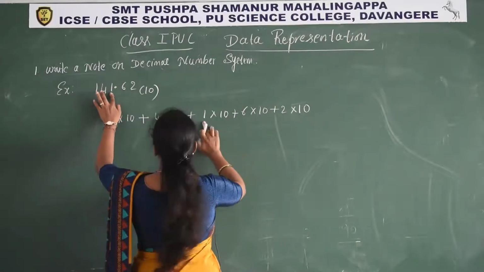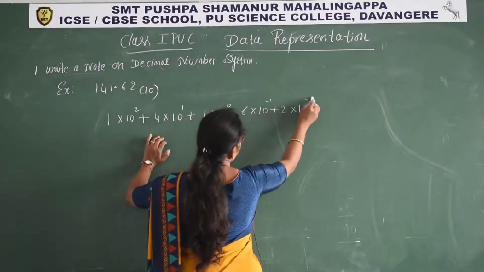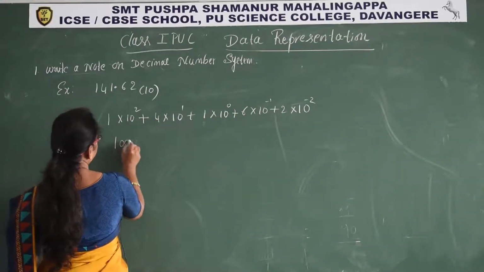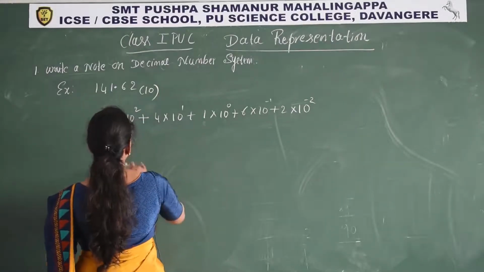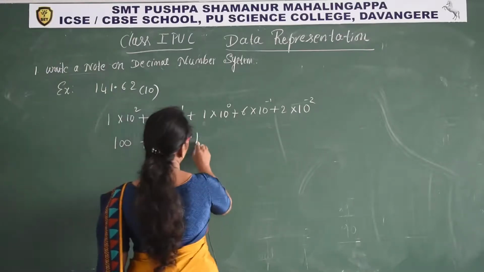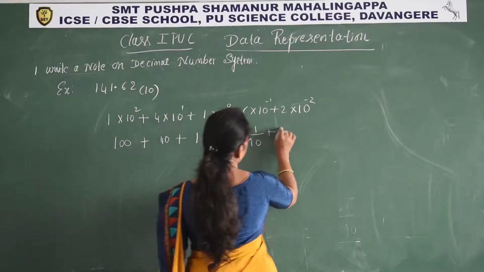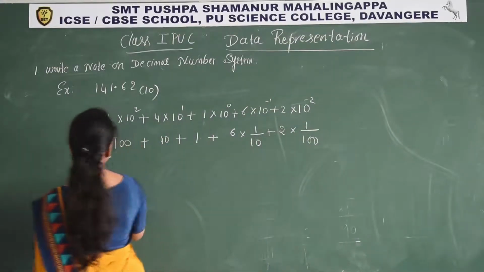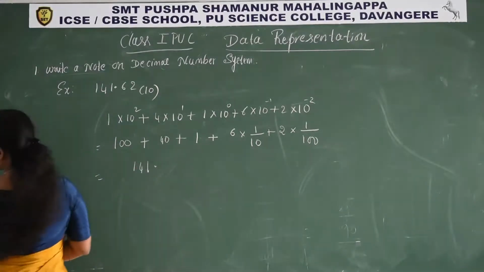So 100 plus 40 plus 1 plus 6 into 1 by 10 plus 2 into 1 by 100.